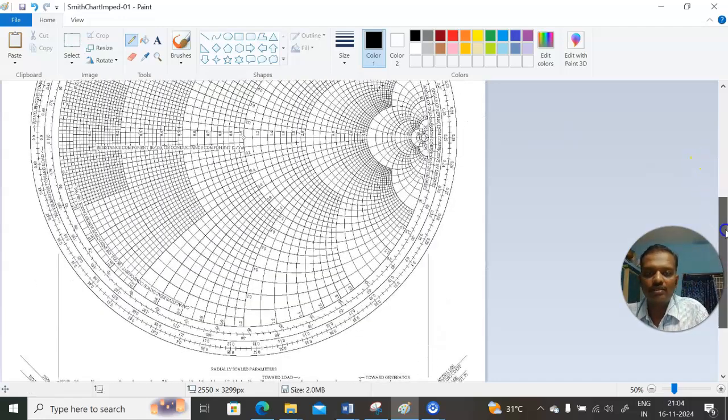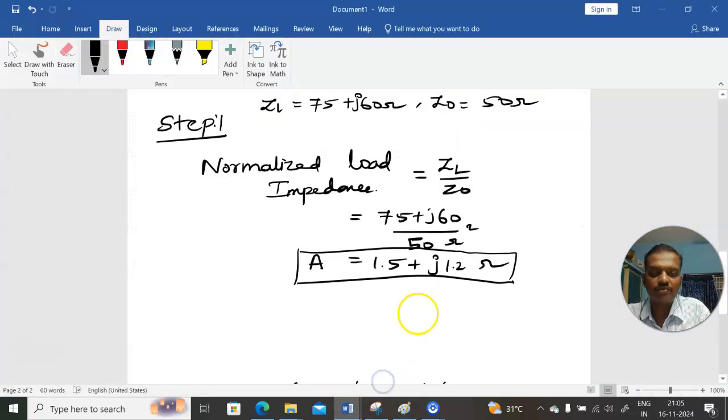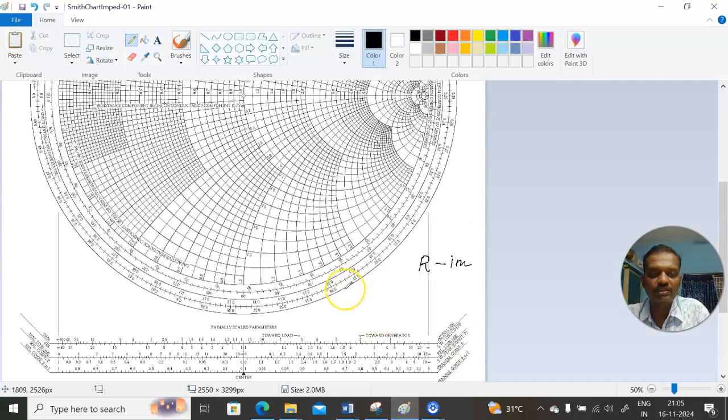In the bottom half, it will be real minus imaginary. In the given question, we found 1.5 plus j1.2. So the first step is to mark the real and imaginary values.